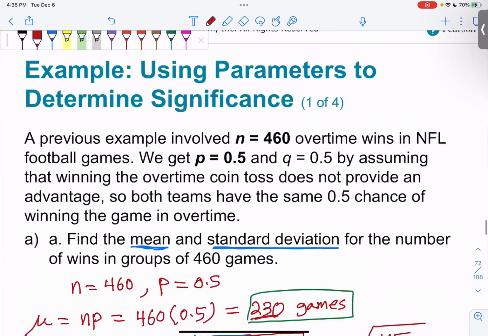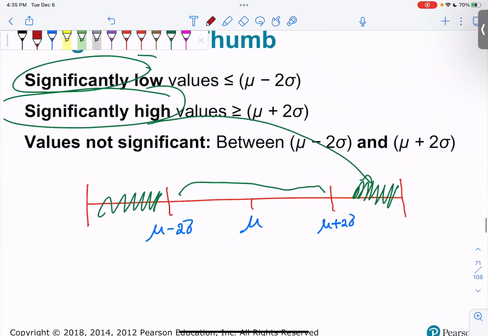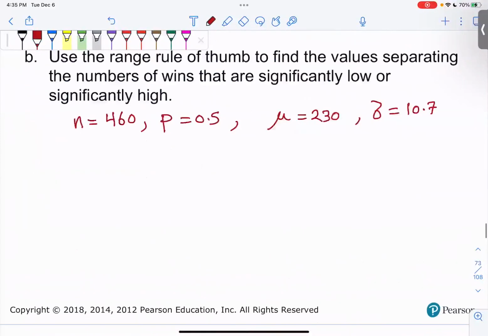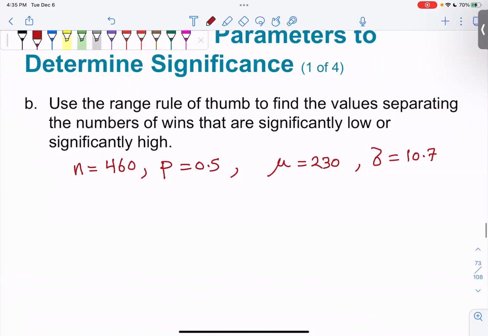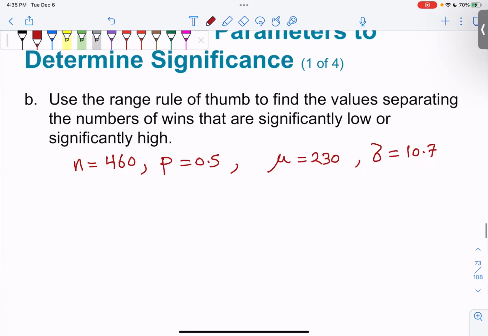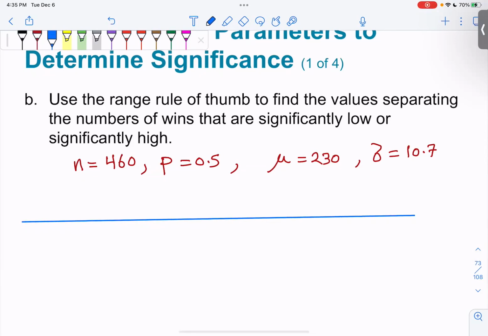So let's see here. Using the range rule of thumb to find the values separating the numbers of wins that are significantly low and high, right? This is the example we did.